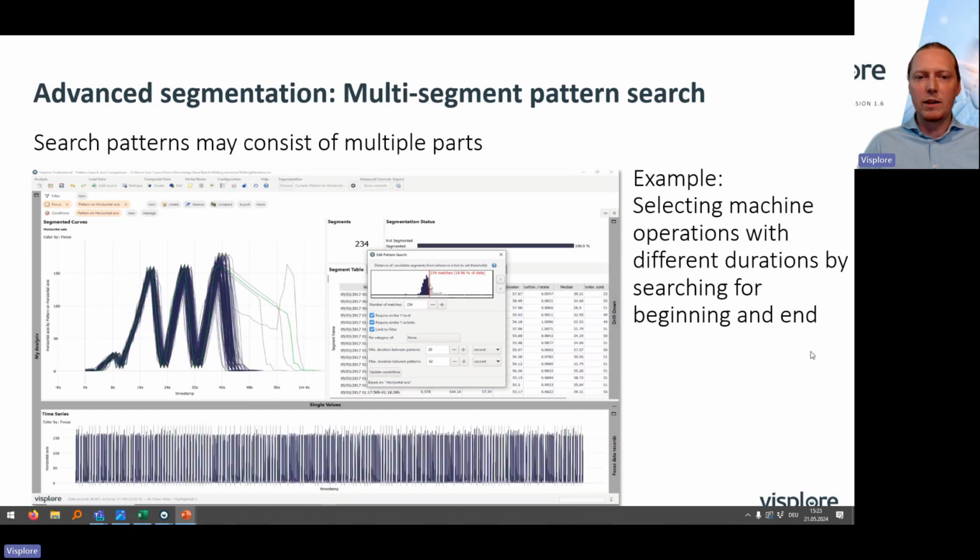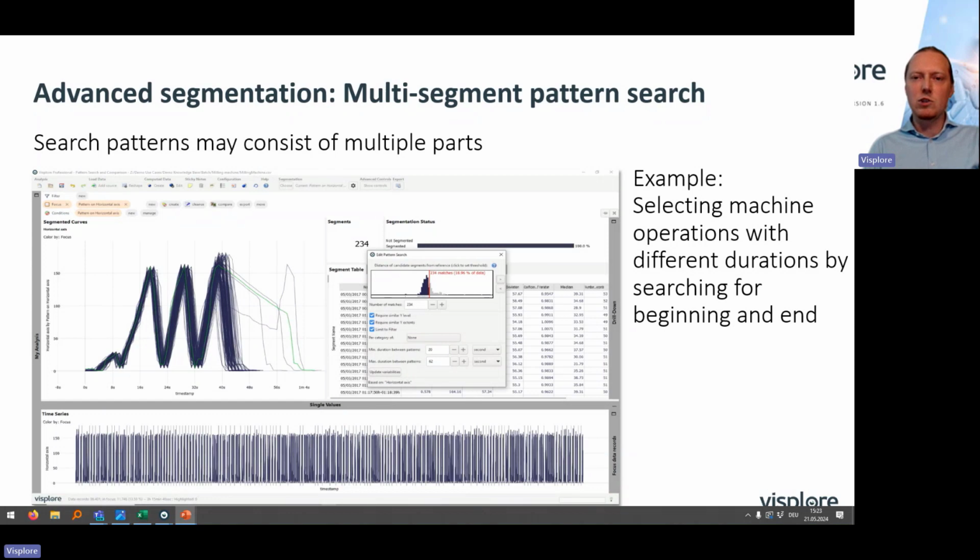So with just one click here, we see, for example, we have extracted 234 milling operations, and it's quite evident here already that we have also included those that are longer than the bulk of the patterns here. Also, you see, for example, there are new parameters down here for a minimum and maximum duration of the pattern. This is also quite useful to give it a reasonable context in which to search for this.